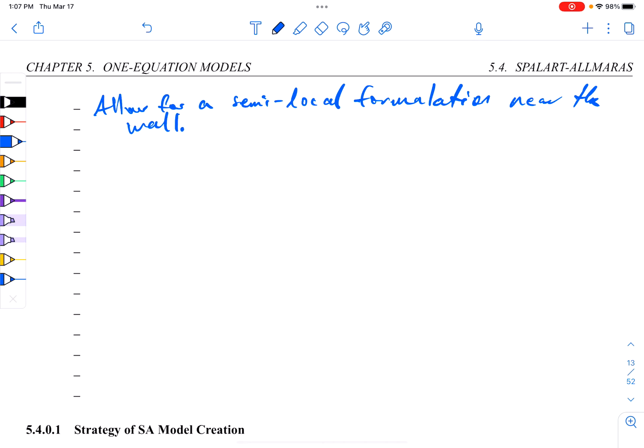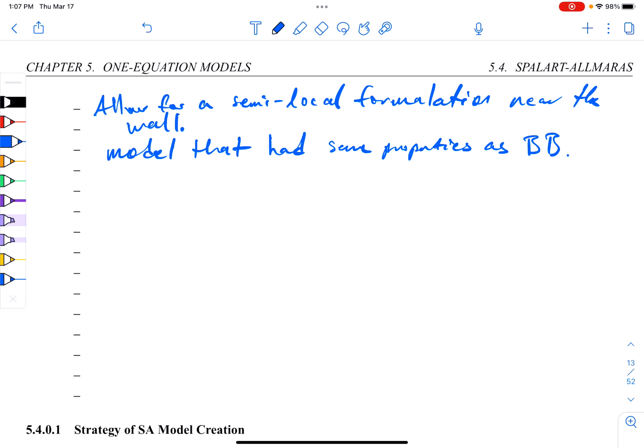And this is maybe just a philosophical point of view. They wanted to develop a model that had the same properties as the Baldwin-Barth model, in terms of compatibility.